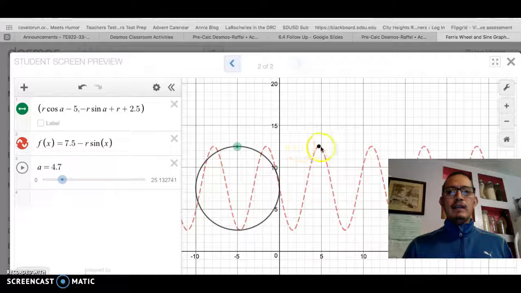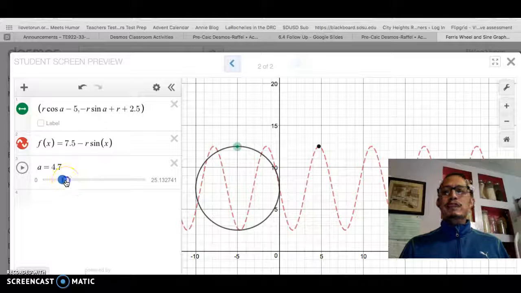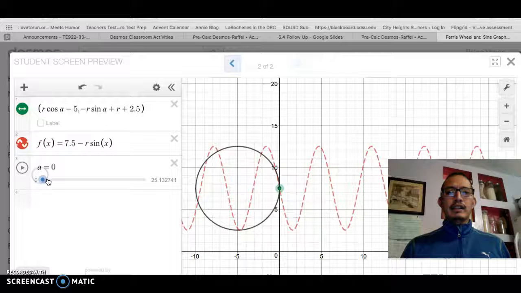That's about their maximum. But see how they're moving in conjunction? Now it's going down on my sine function. Clockwise, and I was telling you about clockwise earlier. So I'm going clockwise on my Ferris wheel. What does that do to my graph? Let's start again. If I'm going clockwise, see where my black dot goes? It starts going down on my sine graph.